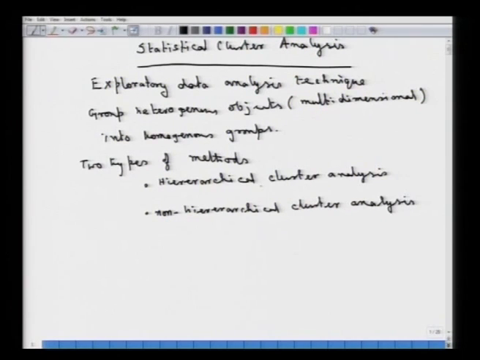In the first group of methods, hierarchical cluster analysis, the clusters have an inherent hierarchical structure in the formation and in the interpretation of the clusters.